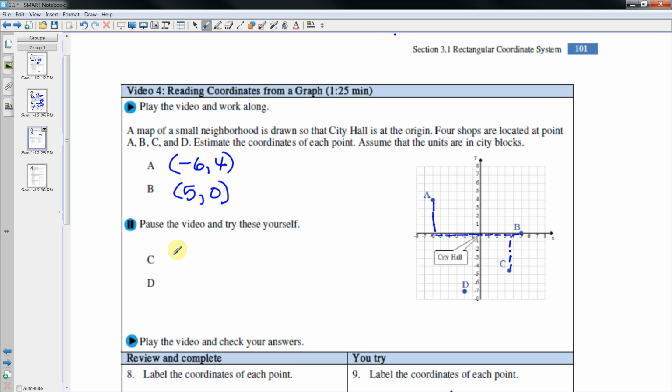So I moved over 3.5, I'm going to put 3.5, and I moved down to -4.5. Again, on a test, we're going to have more exact like we did A and B. Alright, D sits right on a line, and it looks like I'm moving over to -2 for the X, and then I'm moving down to -7. So -2, -7 for D.